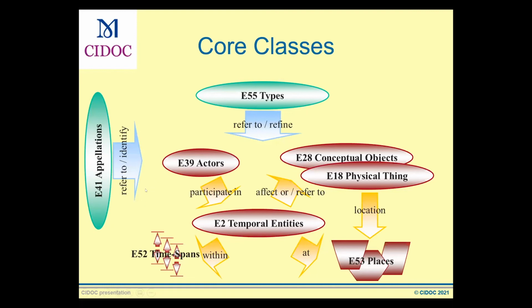Now, what's interesting is that E41 appellations and E55 types are both themselves conceptual objects. So we can talk about how the E55 types have come about. So who created them, when they created them, where did they create them, and so on.